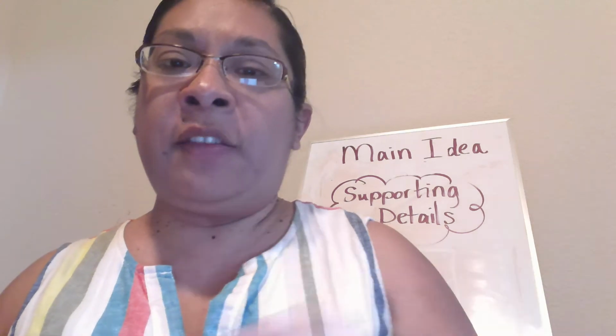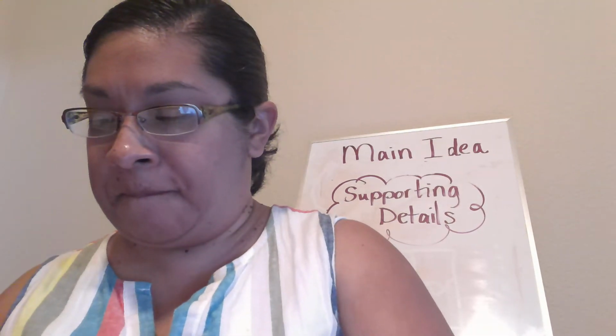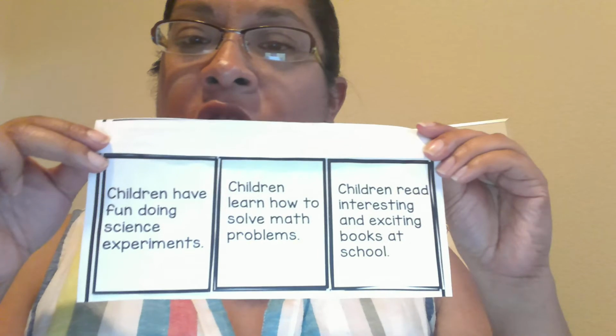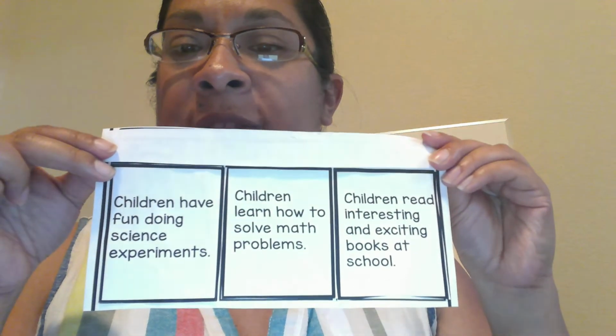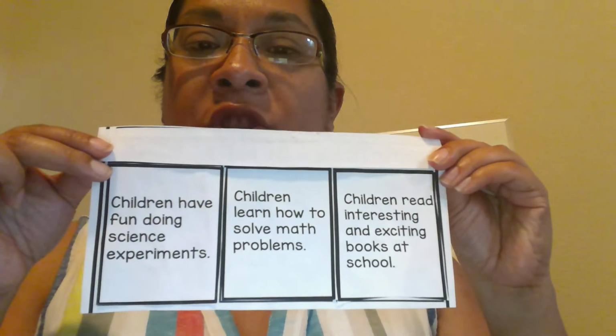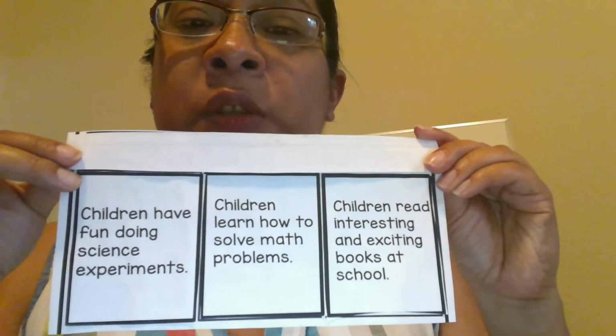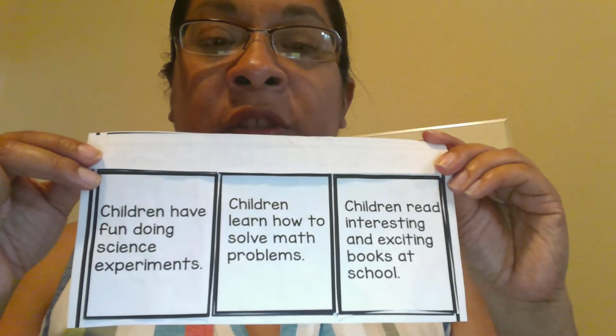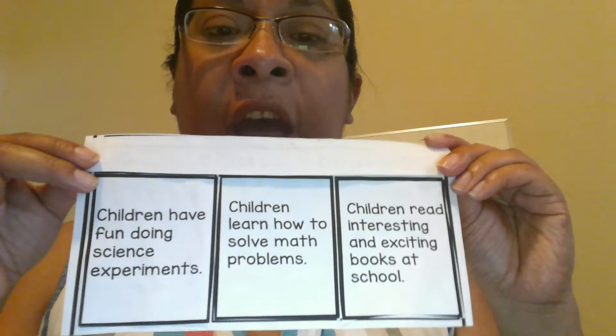Okay, last practice. Oh, almost gave the main idea away. Okay, last one. Children have fun doing science experiments. Children learn how to solve math problems. Children read interesting and exciting books at school.